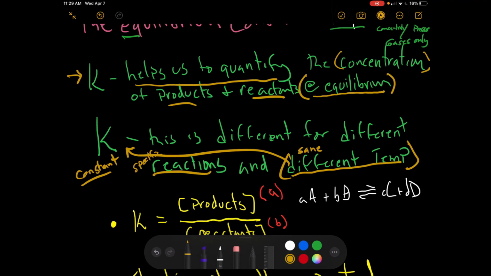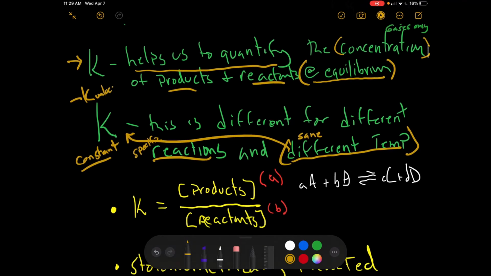Temperature is the only thing that is going to affect K. Remember that. Other things will affect the concentration of gases, and we'll talk about those effects later, but K is only affected by temperature. And notice this too, you will never have a negative K value, for the equilibrium constants.